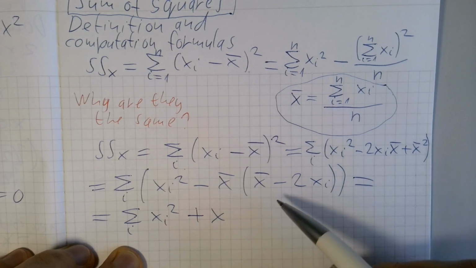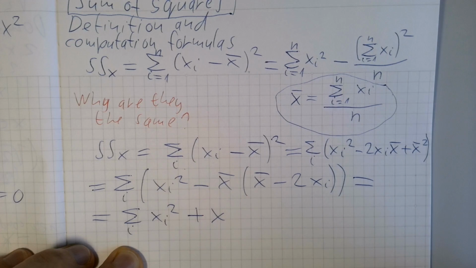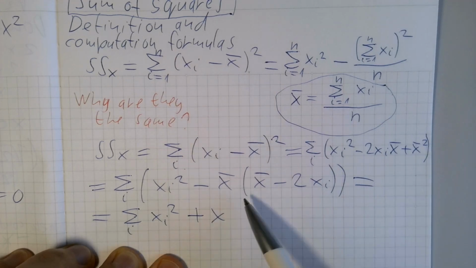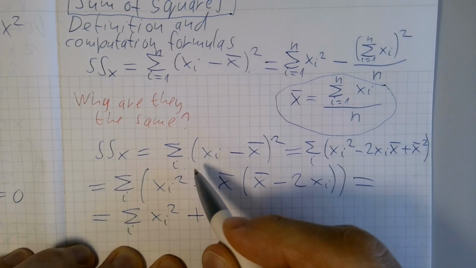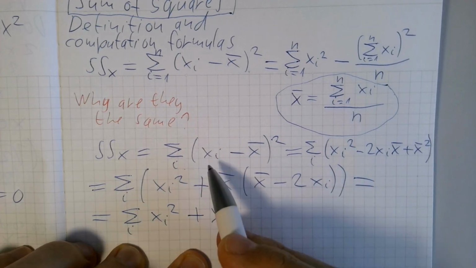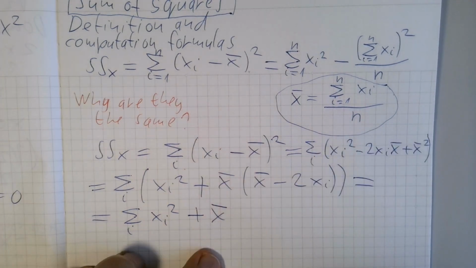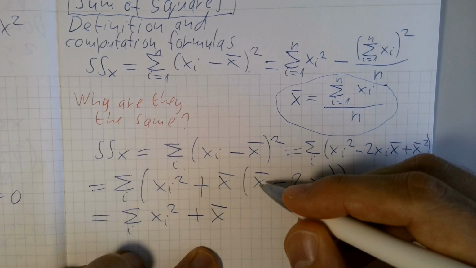I can just extract x squared. Oh, yeah, there was a mistake here. That's a plus, so I fixed that one. Anyway, so I extract the mean, and then do the summing.